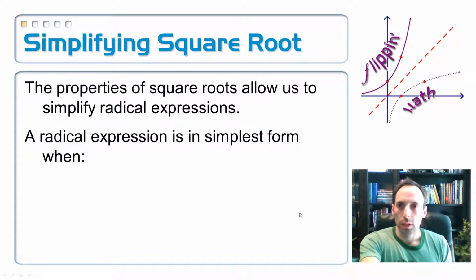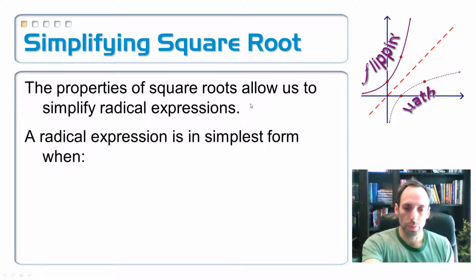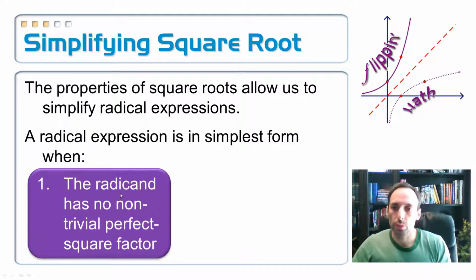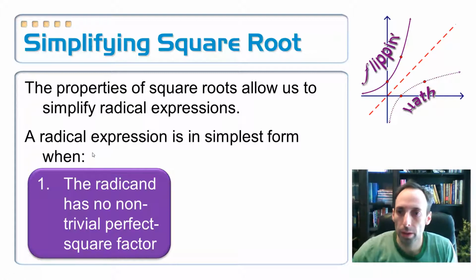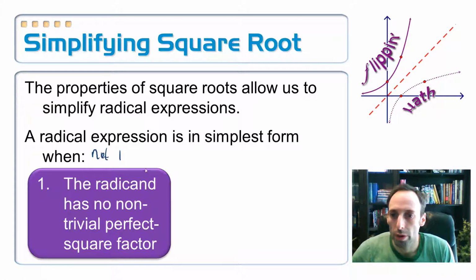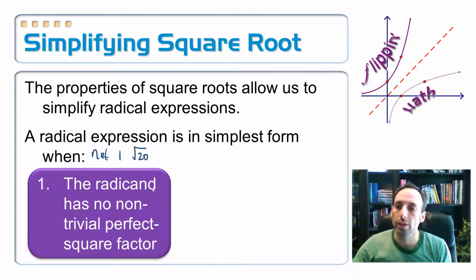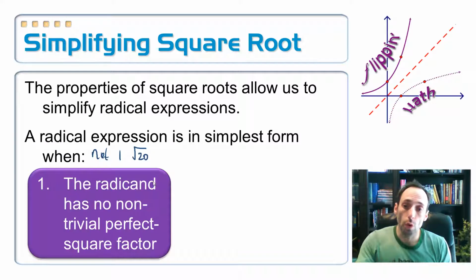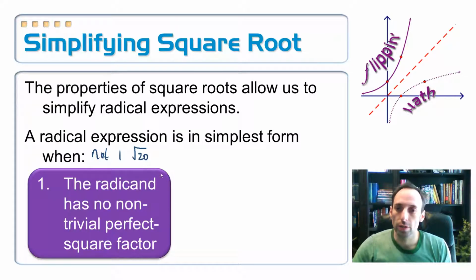Okay. So whenever we go to simplify square roots, there are two things that we have to do. The first one is that the radicand can't have a non-trivial perfect square factor. Non-trivial means it can't be 1. So for example, the square root of 20 is not in simplest form because it has 4, which is a perfect square, as a factor of it.